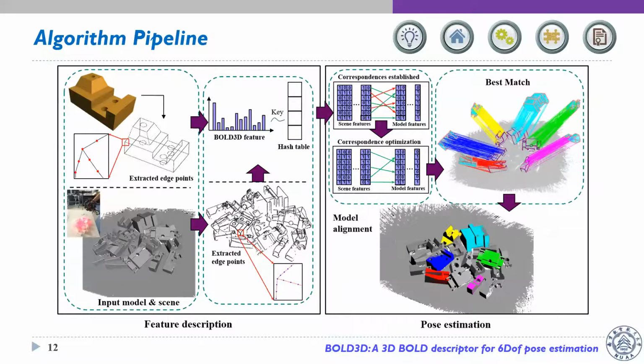Here is the algorithm pipeline of our paper, which consists of two key steps: feature description and pose estimation. In the offline phase, the edge points of the input CAD mechanical models are first extracted, and the global model representation is then constructed by BOLD 3D descriptors, which consist of a pair of oriented 3D line segments.